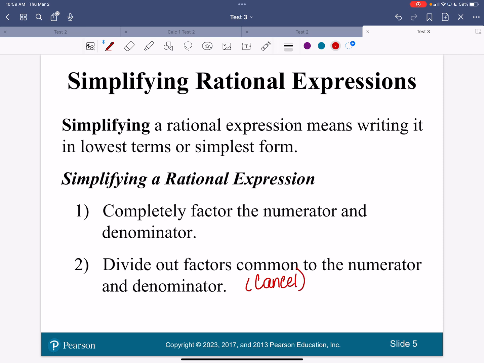The other thing to think about, if it's in the top and the bottom, you can cross it out. Okay, so if it's common to top and bottom, cross it out.